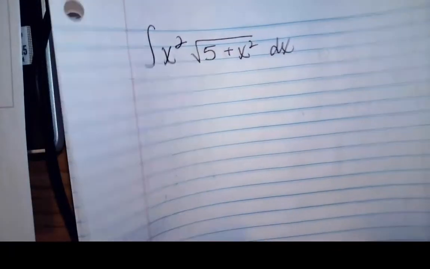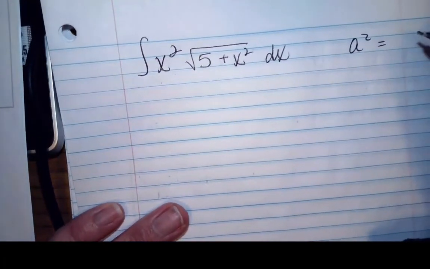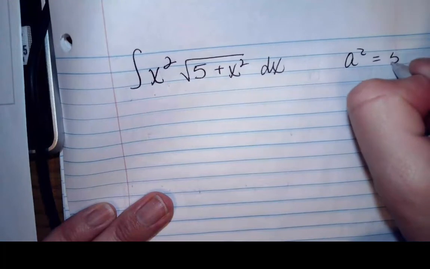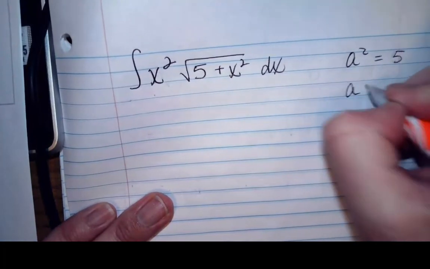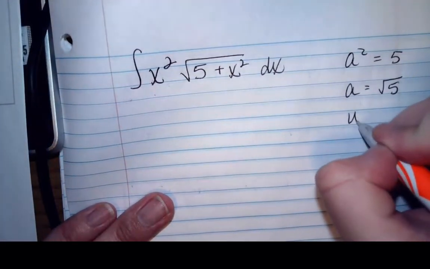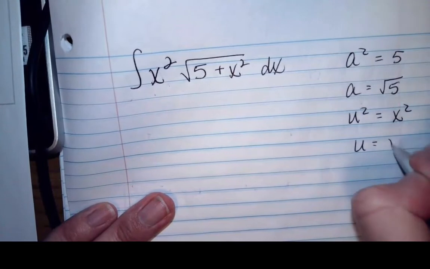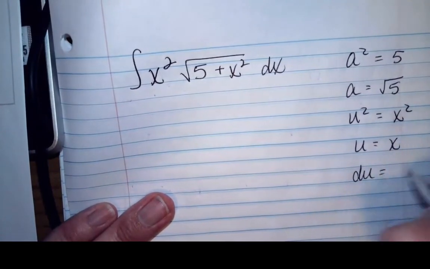So it's formula number 8 again. I need to find out what my a squared is. My a squared is 5, which means my a is the square root of 5. My u squared is x squared, which means my u is x and my du is dx.